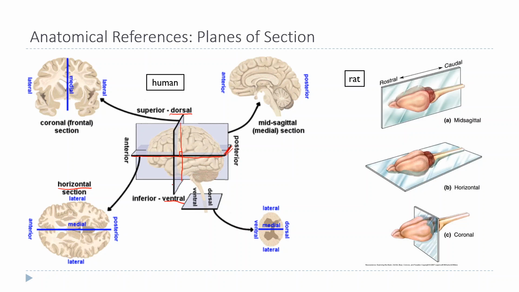Meanwhile, there's a plane of section that's perpendicular to the anterior posterior axis. So this is the anterior posterior axis. And so this plane here is perpendicular to that axis. So that plane is called the coronal section. So this is the coronal section, and sometimes it's called the frontal section, but it just cuts through or perpendicular to that anterior posterior axis.